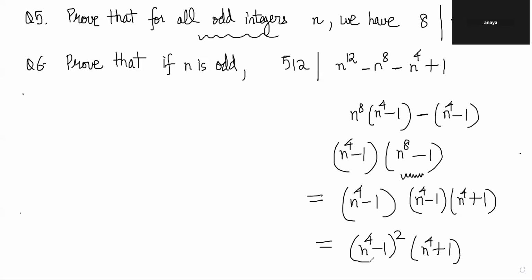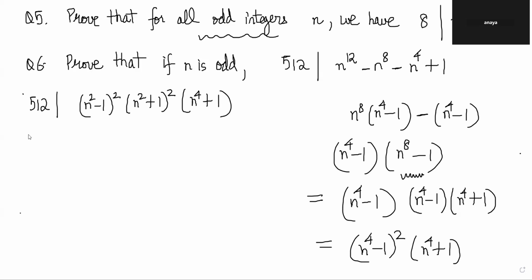That can be further factorized, right? Into n squared plus 1, n squared minus 1. So we have basically n square minus 1 whole square, then n square plus 1 whole square, and n power 4 plus 1.